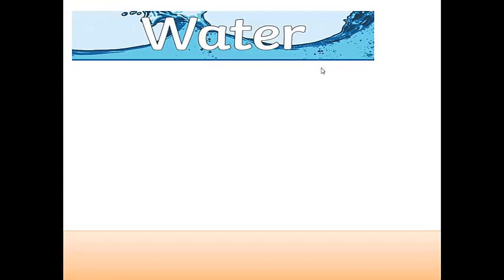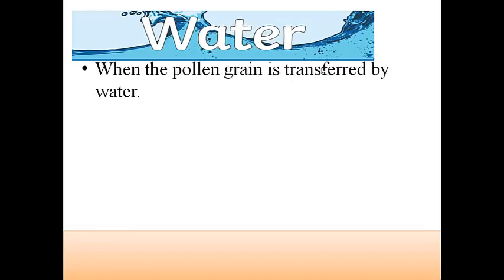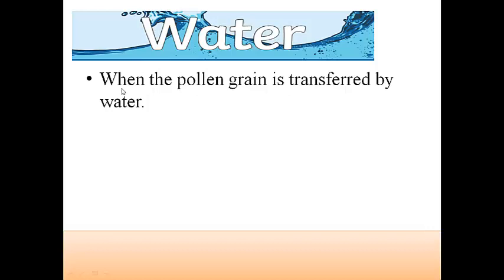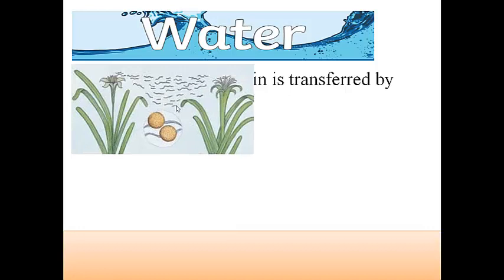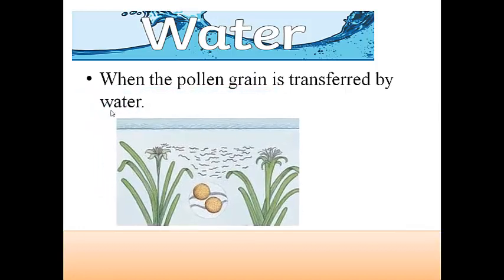Water. The third external agent is water. When the pollen grain is transferred by water, let us look at the image. This is how water helps in transferring pollen grain from one flower to another.